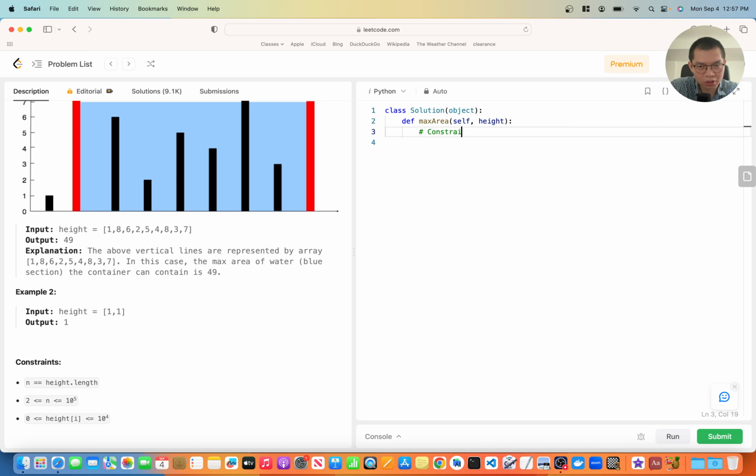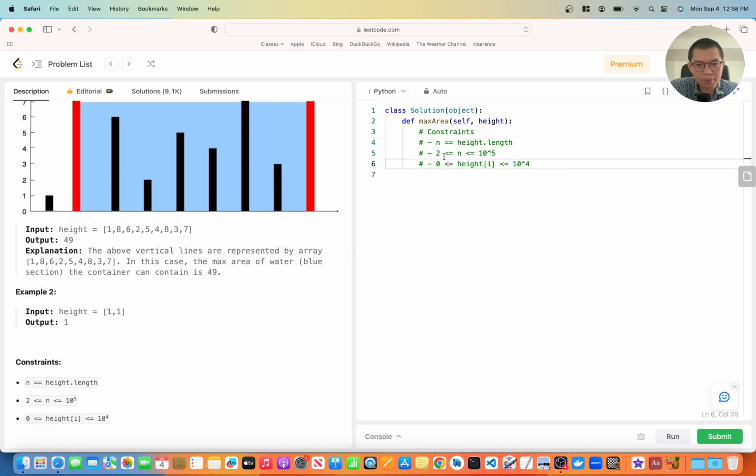Let's take a look at the constraints. We have n equal to height dot length. We have 2 is less than or equal to n, which is less than or equal to 10 to the 5th. And we also have 0 is less than or equal to height of i, which is less than or equal to 10 to the 4th, right?